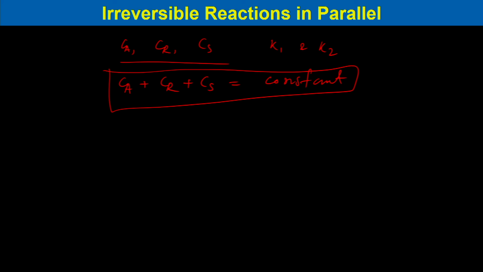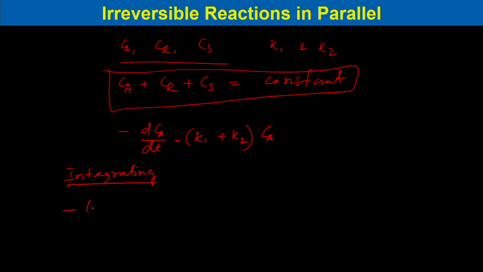So, if we consider the first reaction, which is minus dC_A/dt equal to (k1 plus k2) into C_A, and integrate this relation, we obtain minus ln(C_A/C_A0) equal to (k1 plus k2) into t.